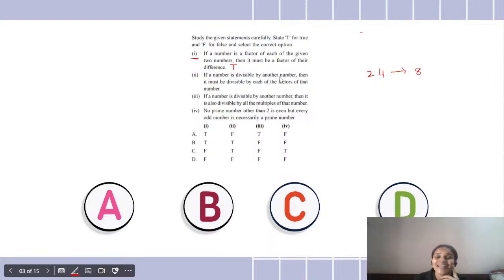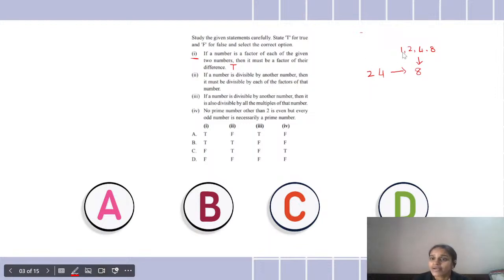So what they are saying, then it must be divisible by each of the factors of that number. अगर 24, 8 से divisible है, तो जो 8 के हमारे factors हैं, what are the factors of 8? 1, 2, 4 and 8, right? These are the factors of 8. So then it must be divisible by each of the factors of that number.